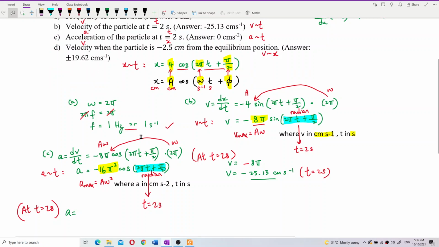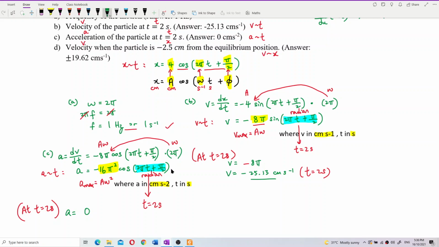Okay, let's calculate. Substitute with 2 seconds. Oh, I got the answer. Acceleration becomes 0. What's the unit? Write down the unit. Acceleration is centimeter per second square and time in second.